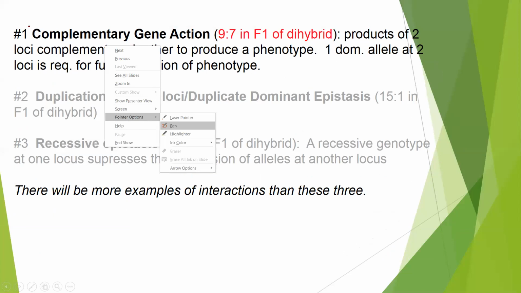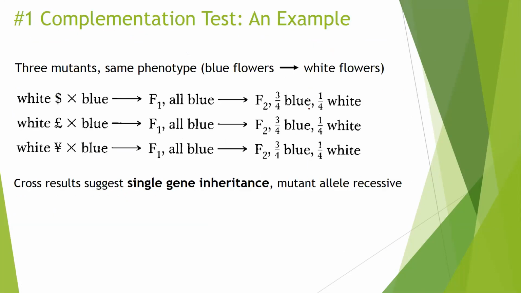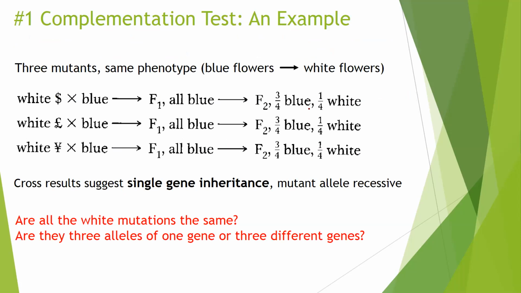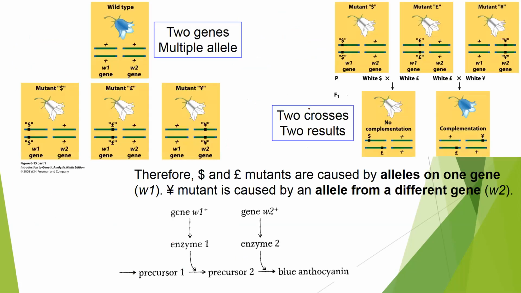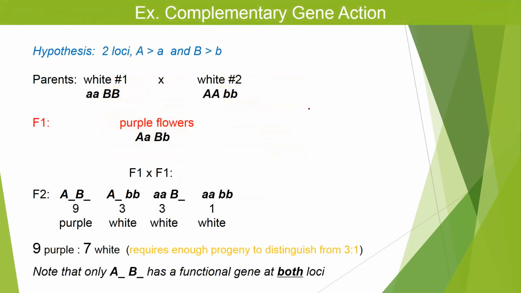All right, so the complementary gene action of the two genes will produce this 9:7 ratio in the dihybrid cross. So for example, like this one. Okay, so yeah, this is a perfect one. So we're talking about two mutant flower plants.